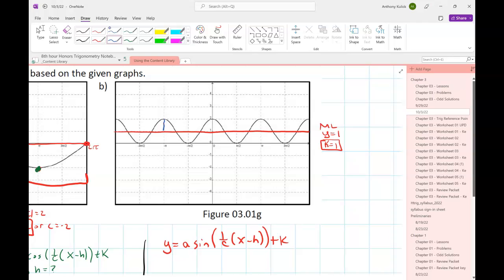Then we look for the amplitude. Actually, just do it all in red. So that gives us the two possible values for A. You okay there?